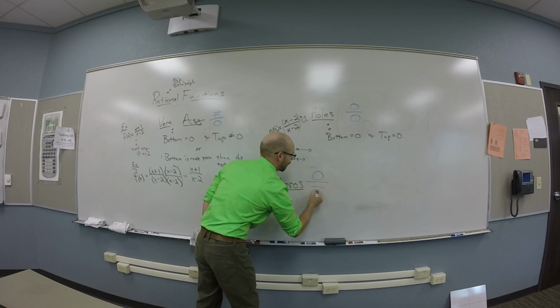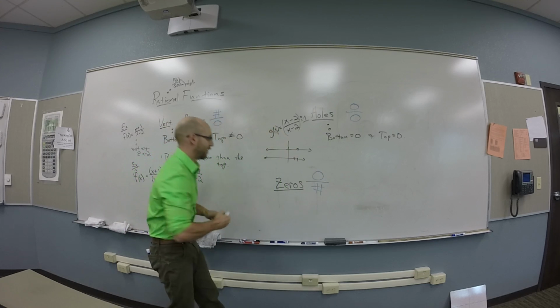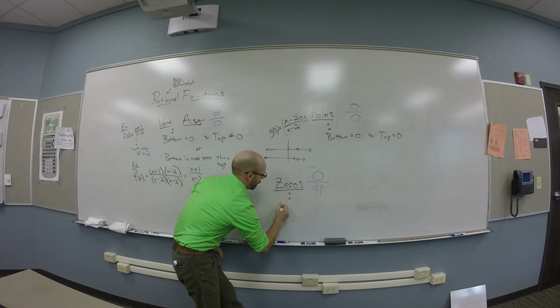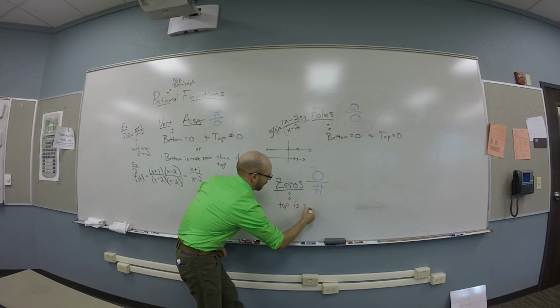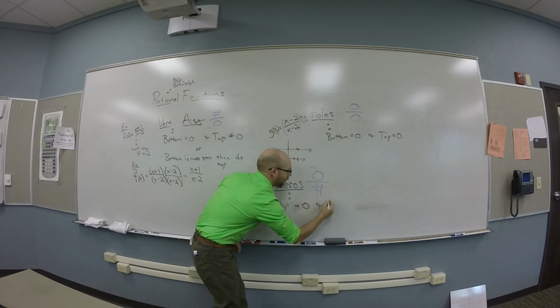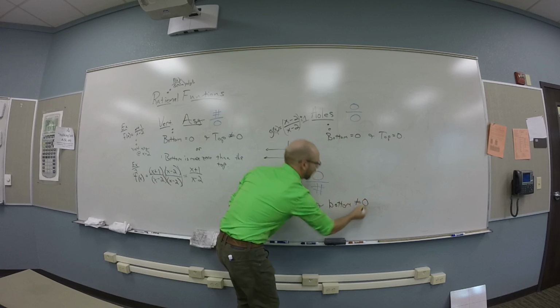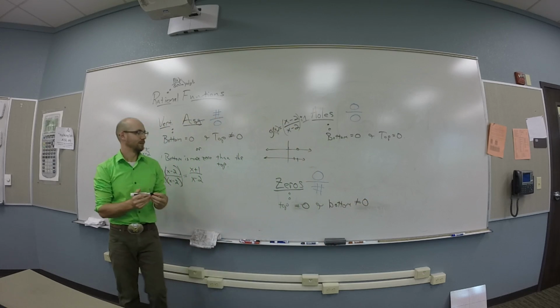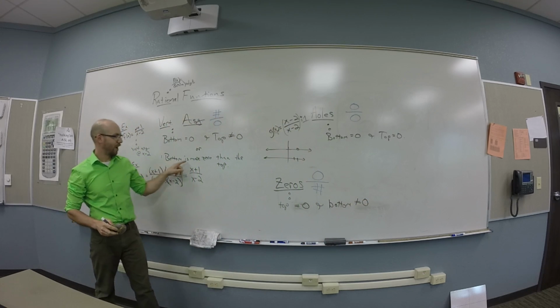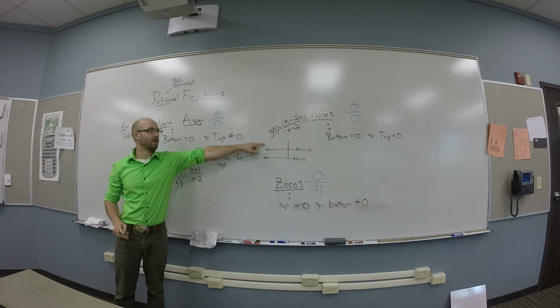So zeros happen when the top is 0 and the bottom is not. And why don't I need to worry about saying the top is more 0 than the bottom? Because that's covered up in holes.